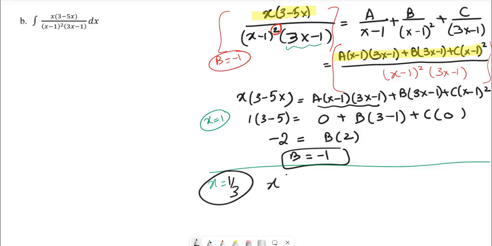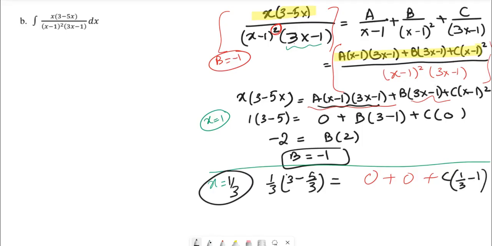So x is 1 by 3 times 3 minus 5 by 3 equal to, when I put 1 by 3, this first thing is going to turn out to be 0, because 3x minus 1, 3 times 1 by 3 is 1. That's 0. Plus this also is going to turn 0. Plus c times 1 by 3 minus 1 whole square.